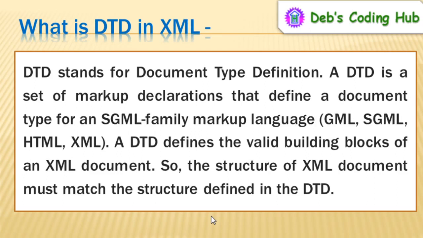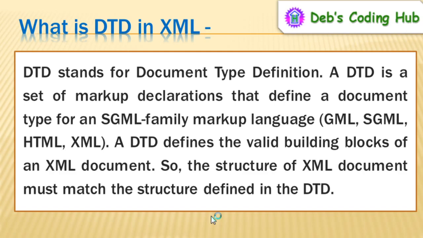DTD stands for Document Type Definition. A DTD is a set of markup declarations that define a document type for an SGML family markup language like GML, SGML, HTML, XML.